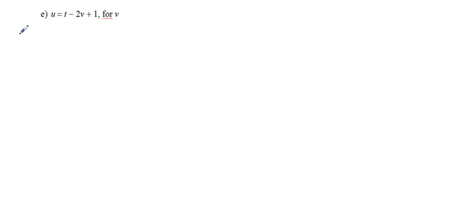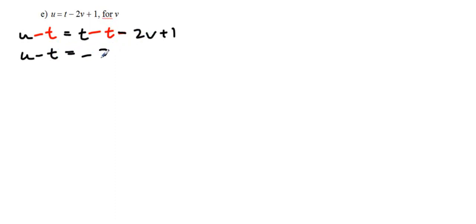So we have u minus t is equal to t minus t, minus 2v plus 1. So this has the effect of getting rid of the t on this side, and we're left with u minus t, we can't combine those, is equal to minus 2v plus 1.